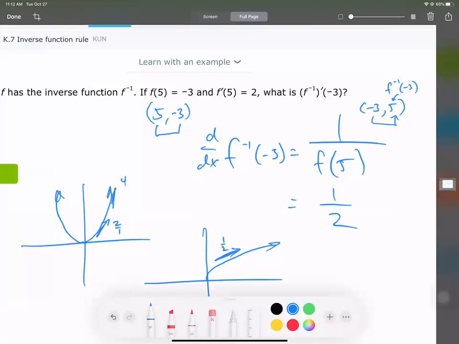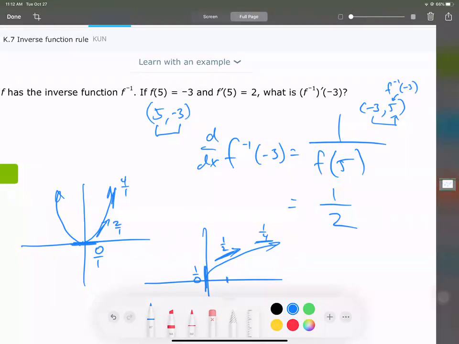Steeper, 4 over 1; flatter, 1 over 4. This is even a weird one. What's the slope here? 0, right? Is there a slope here? 0 over 1, 1 over 0, doesn't exist. Matches 100% completely. Only difference is just the flipped version.